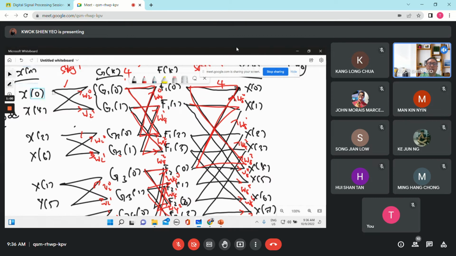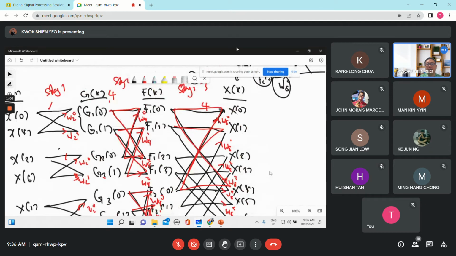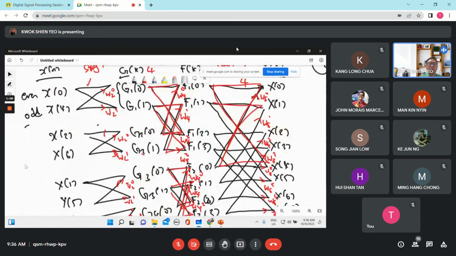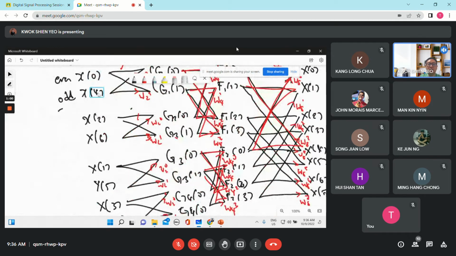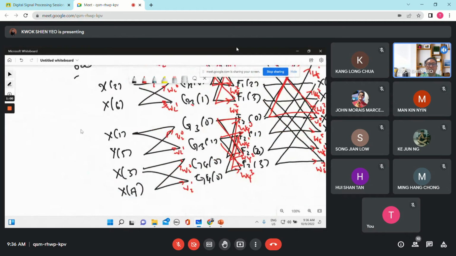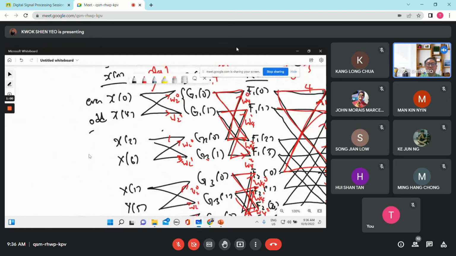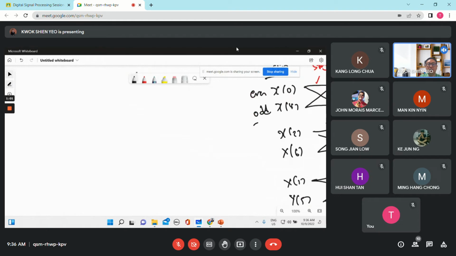So can I use a memorizing method? Particularly, how do I know in the end I will get x0, x4, x2, x6, x1, x5, x3, x7, right? So how do I arrange this part? There's a method to get this arrangement of xn very quickly lah. We call it the bit reversal method.